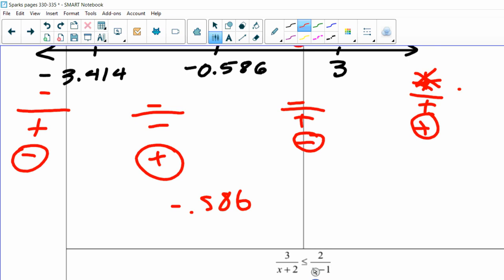Negative 3.414 to negative 0.586. What intervals is this possible on? Between what two black numbers? Between these two.